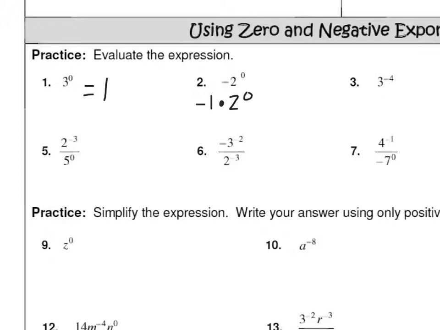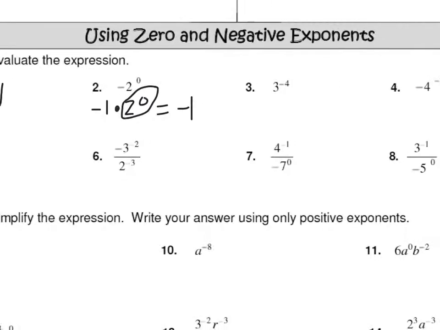So 2 to the 0 power we know is 1. Negative 1 times 1 equals negative 1. It would be different if that negative 2 had been in parentheses and the whole parentheses were raised to the 0 power. But since they're not, we only have to look at the 2 being raised to the 0 power.